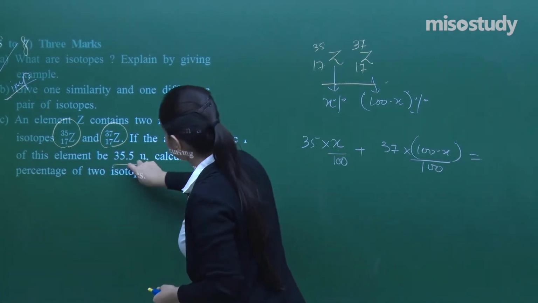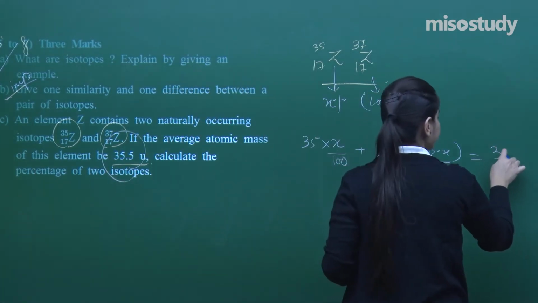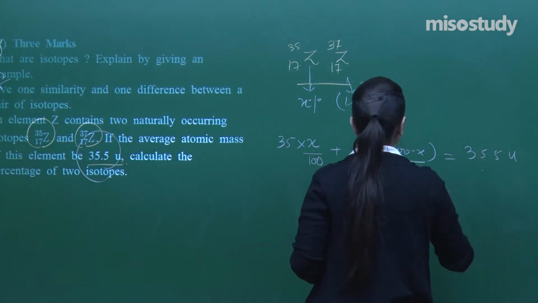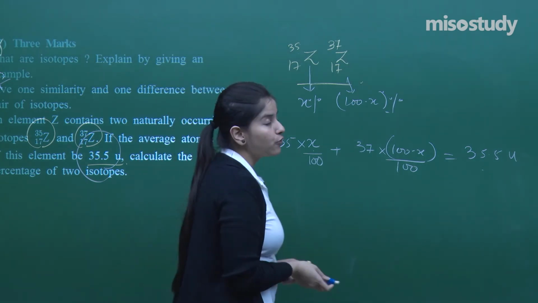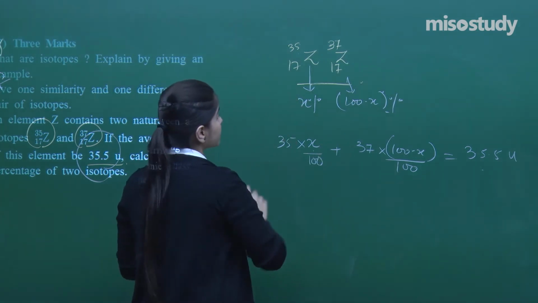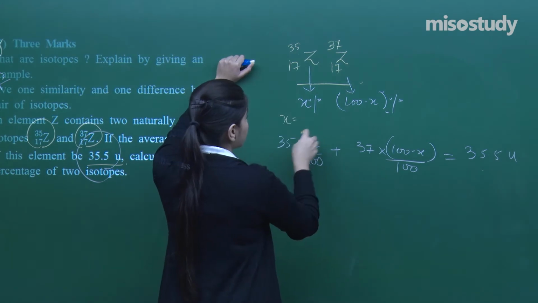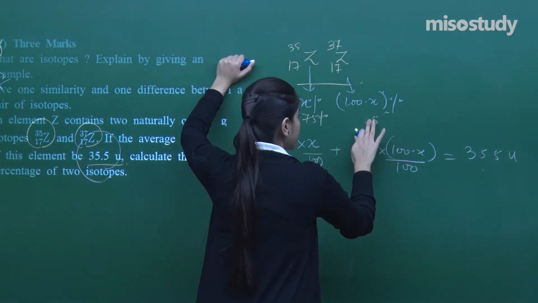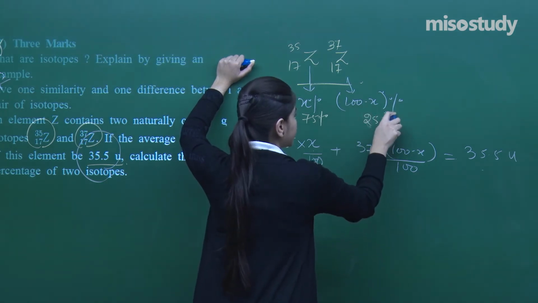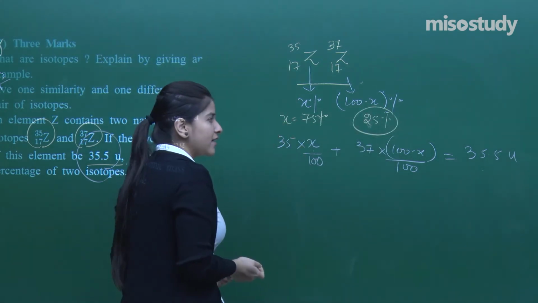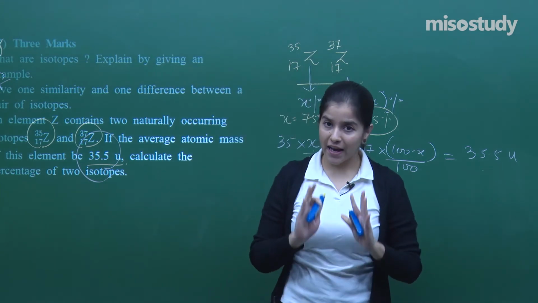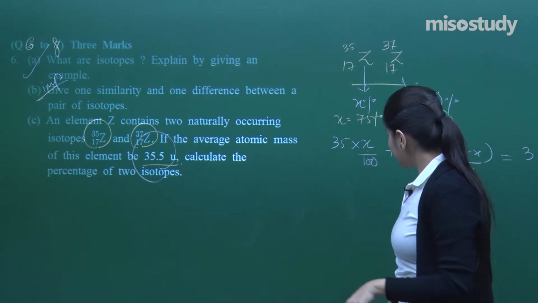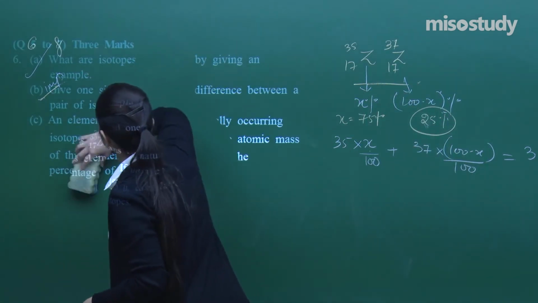So this is going to be 35.5 units. Fine. So you need to solve this, and the value of X, I am just giving you the answer over here. The value of X will come out to be 75%, and here it will be now 25%. Got it? So that is how you need to find out this particular question, an important and interesting one. Okay. So now let's move on to the next question we have.